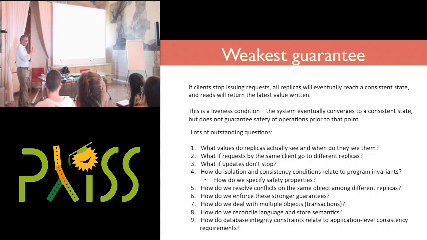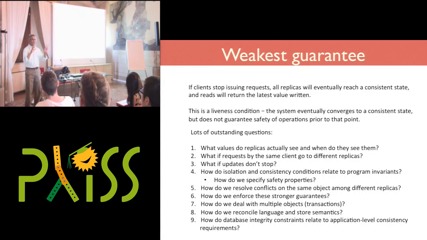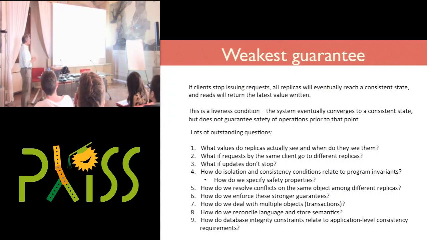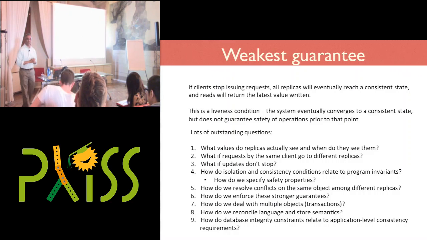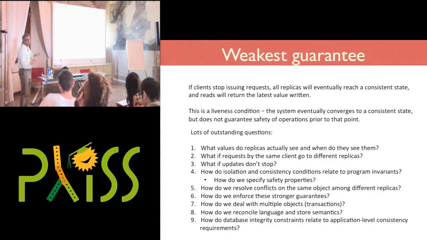That is, every replica will eventually come to some consistent state, some state that we can explain, where we don't have things that just seem to manifest from thin air, right? But there's a whole bunch of questions that open up once we admit this kind of behavior. And here are just a few, and I ran out of space on the slide, so I stopped. But there are lots more, right?